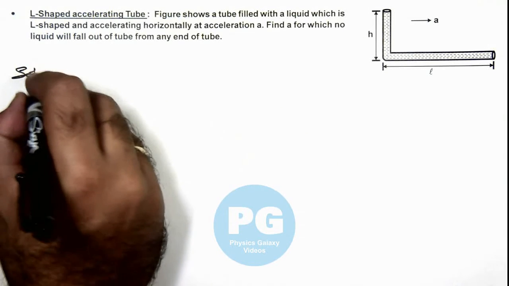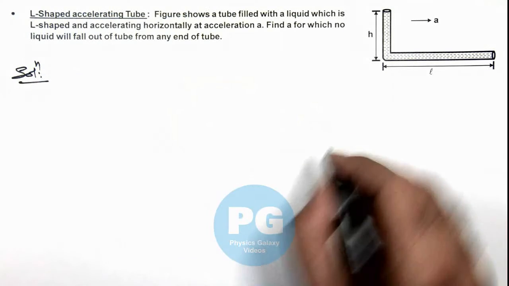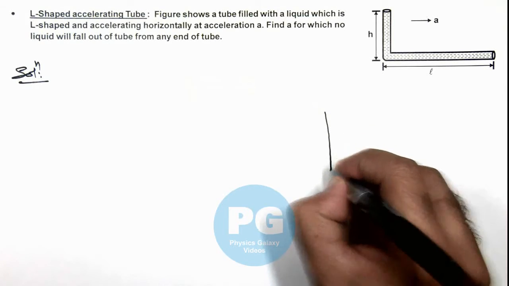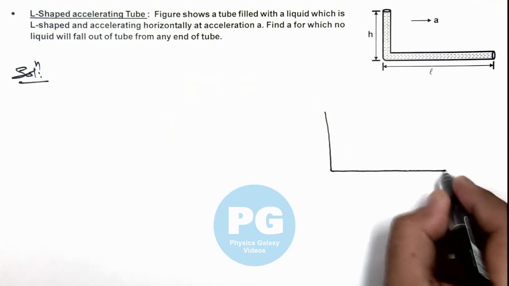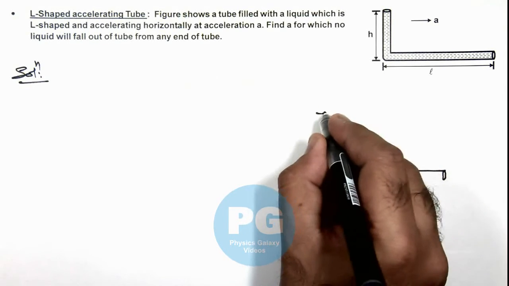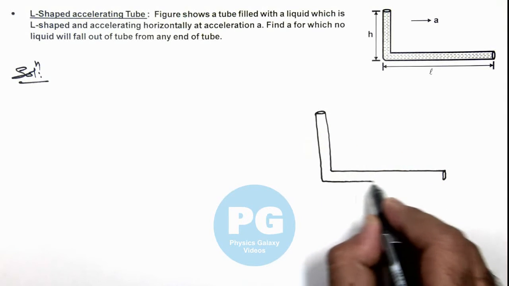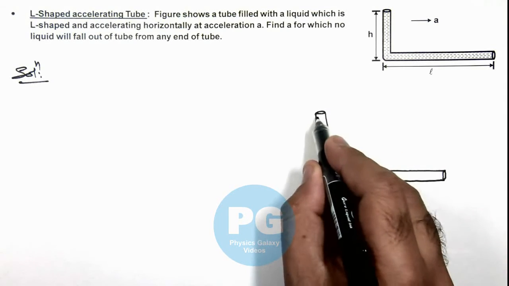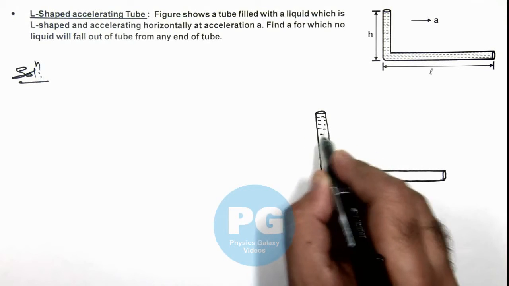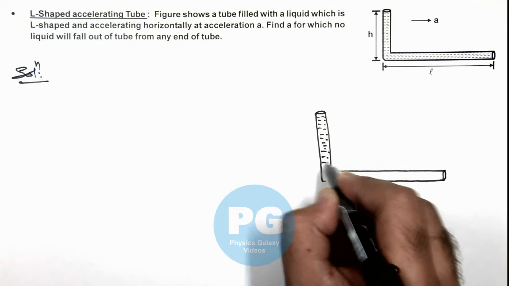So in this solution, we can analyze the tube as an accelerating reference frame in which liquid is filled. And we already discussed that in an accelerating reference frame, the effective gravity changes to root of g square plus a square.